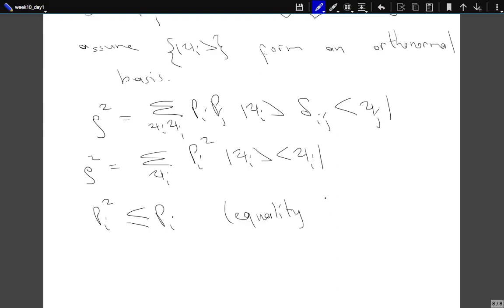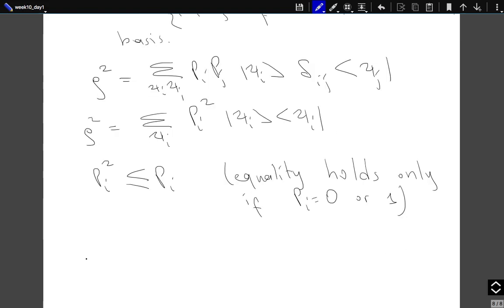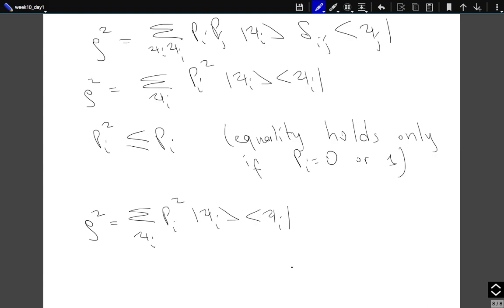With equality holding only if pi is equal to 0 or 1. So rho squared is equal to the sum over i of |psi i> pi squared <psi i|. Well, let me look at the kl element of this one. This is the kl element of that sum.